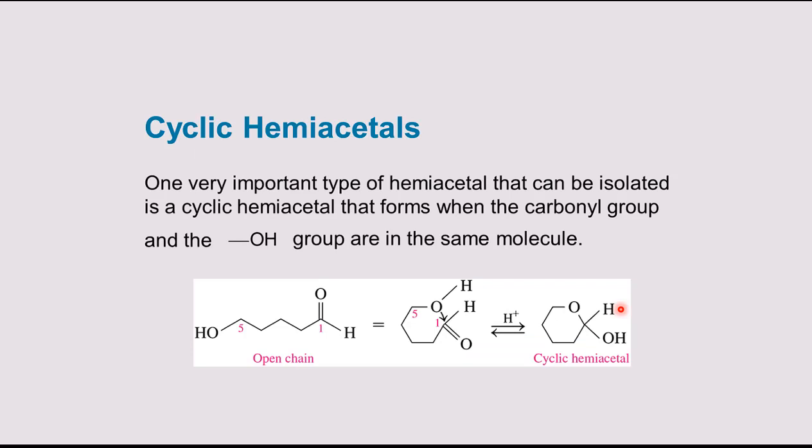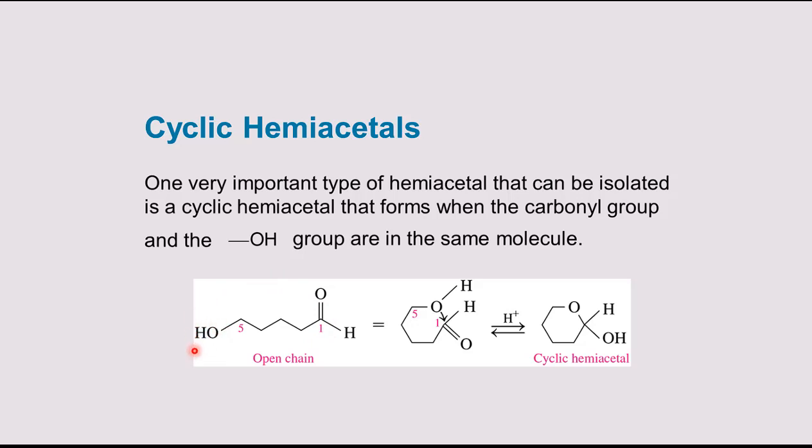Now, this can also happen in cyclic compounds, and it's actually really important in cyclic compounds when we start studying carbohydrates. So one very important type of hemiacetal is a cyclic hemiacetal, when we have both an aldehyde or a ketone, some sort of carbonyl group on a chain, and a hydroxyl group.